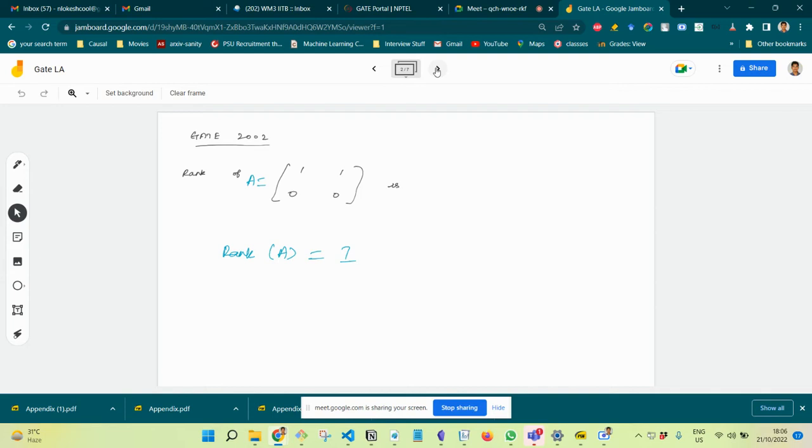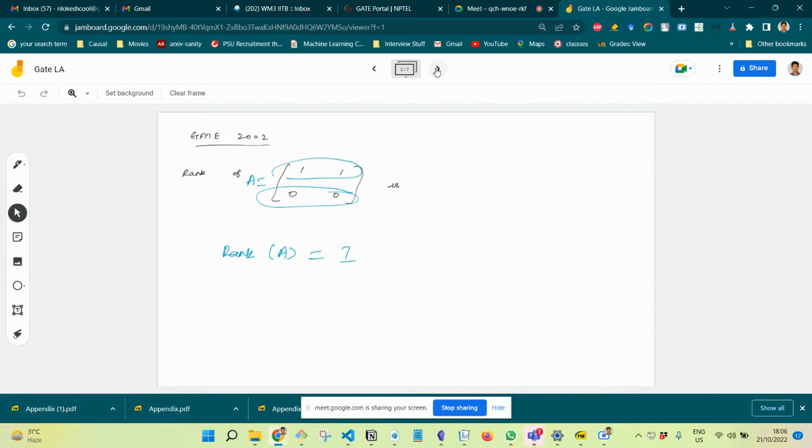If a matrix is in RREF, we can simply read out the rank by counting the number of rows that do not have all zeros. Here, row 1 has non-zero entries, but row 2 has all entries that are 0. Because this is in RREF, you can simply count the number of rows.